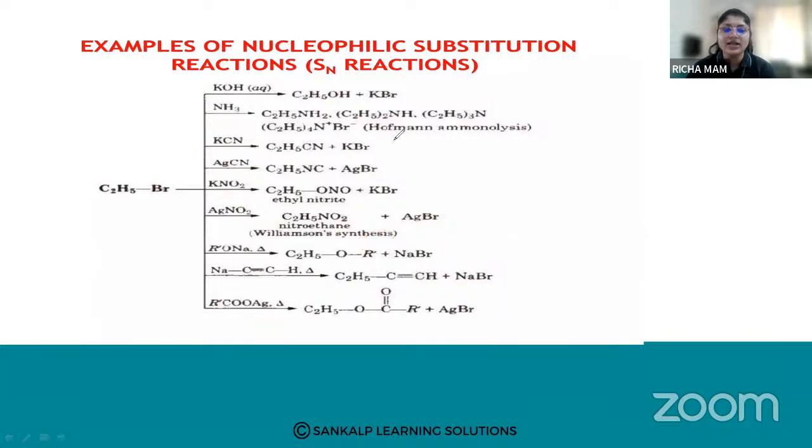Now there is something called ambident nucleophiles. What do you mean by an ambident nucleophile? The examples are CN and NC, which we just saw. Please remember this.